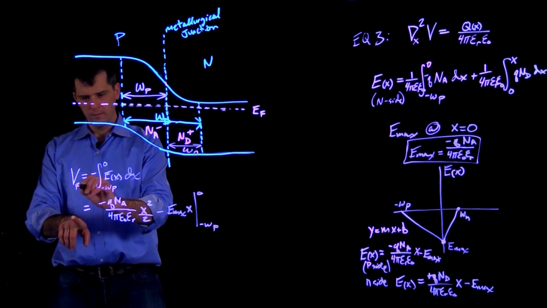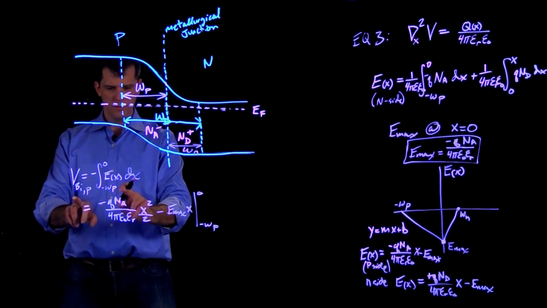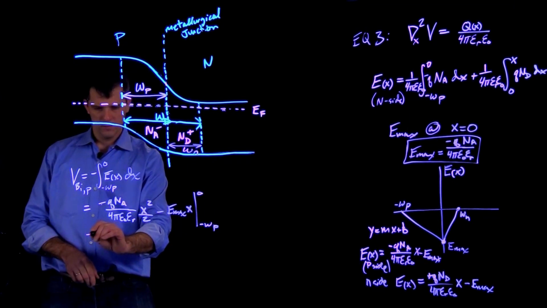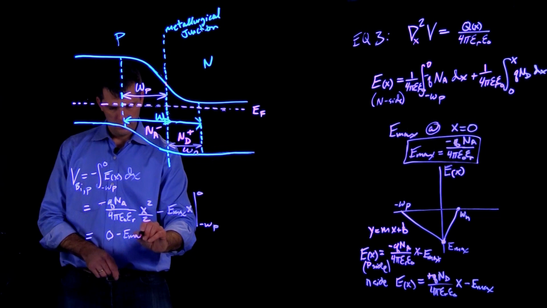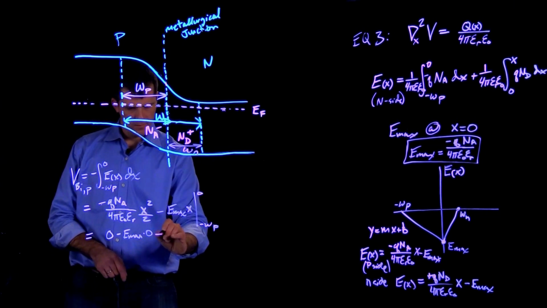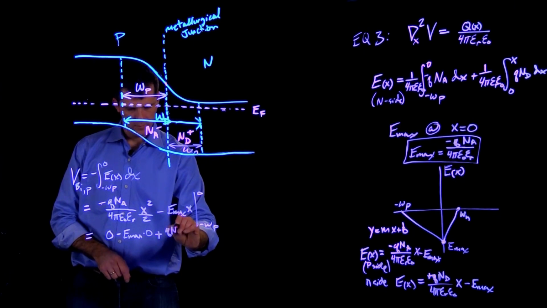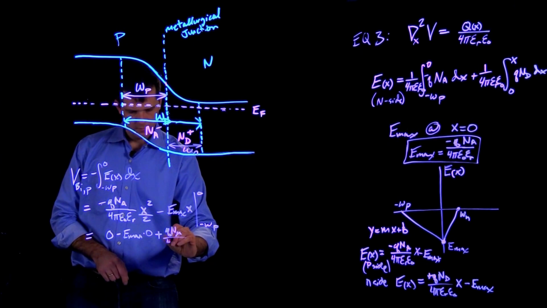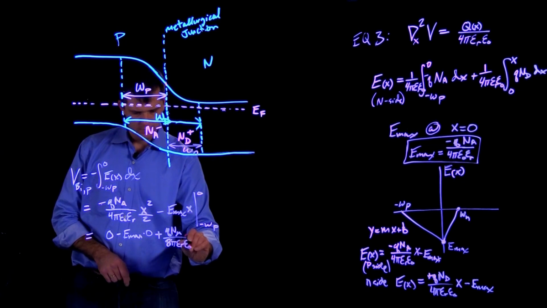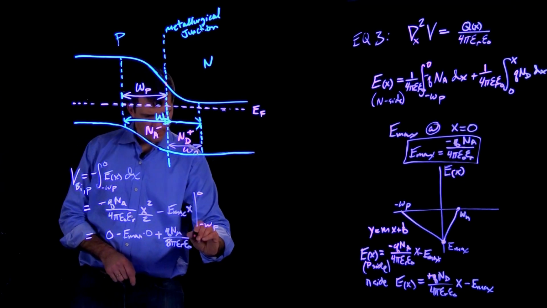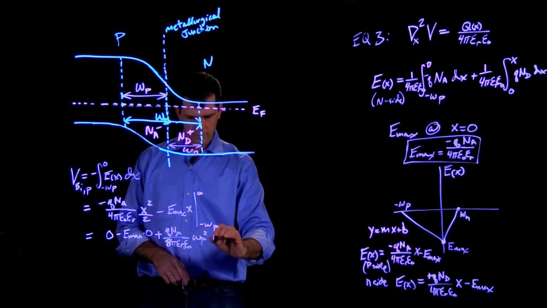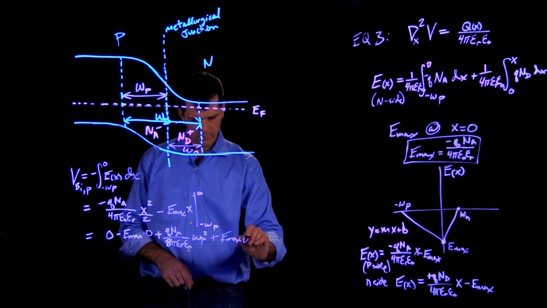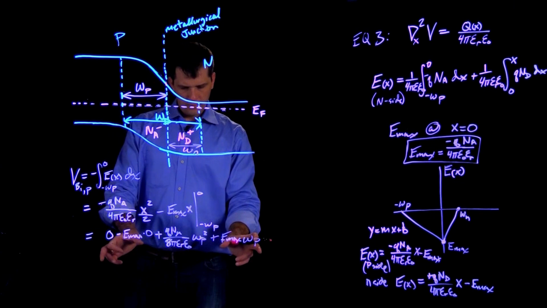The total built-in coming from the p-type side is given here, and what we'll get is 0 minus Emax times 0, and then plus q Na over 8 pi epsilon relative epsilon naught times Wp squared, plus Emax Wp.